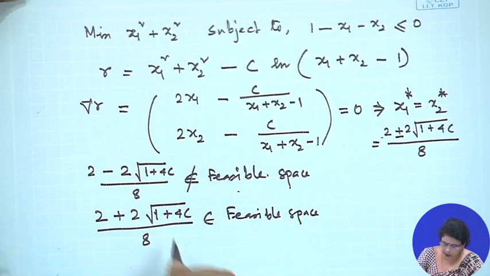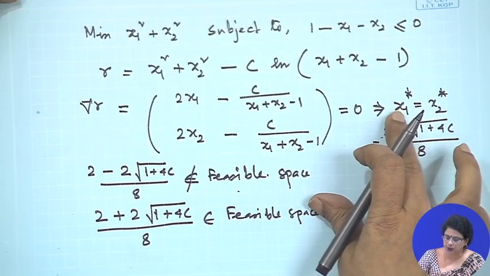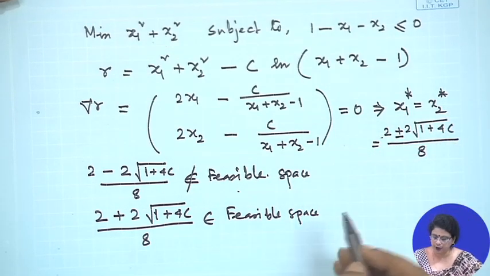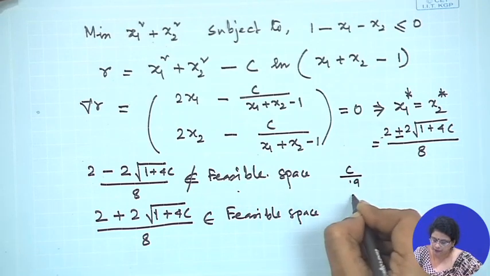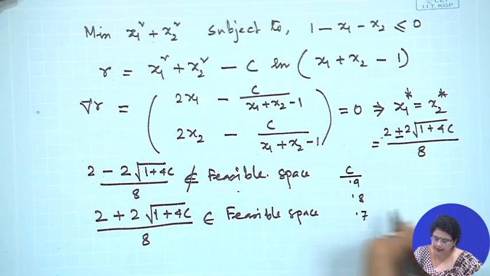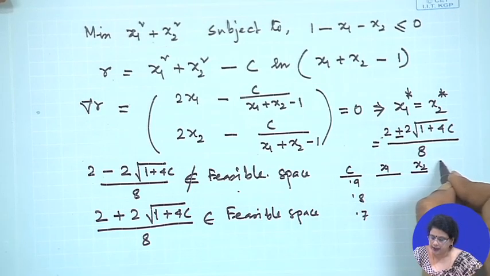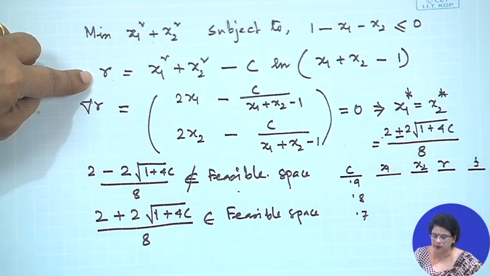Now, one thing you can do: by changing the value of c, you will get a sequence of optimal solutions, because we know x1 star is equal to x2 star. We can have different values of c starting from say 0.9, 0.8, 0.7, and we can have x1, x2, and the functional value r as well.